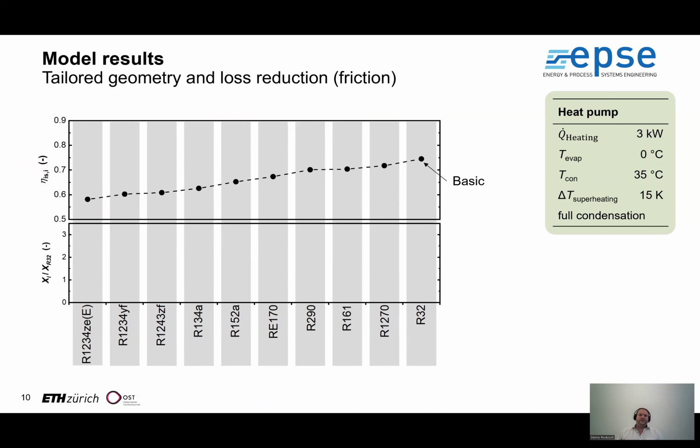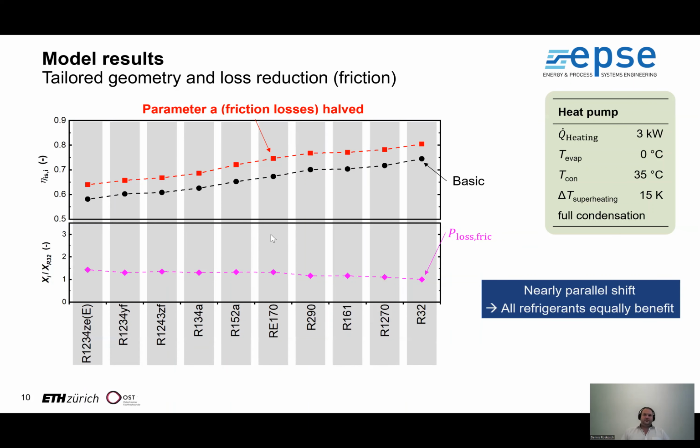Okay, now we tailor the compressor by loss reduction. And what we do is we decrease each loss one after the other by 50%. And that is an extreme case because it would be very ambitious to achieve in practice. If we do this for the friction losses, we get this line, and we see all efficiencies are nearly equally increased and the differences still exist.